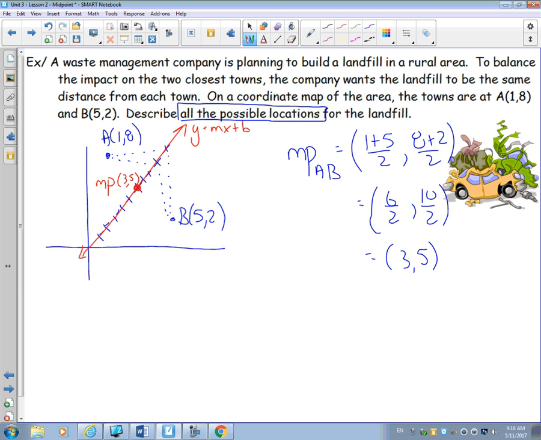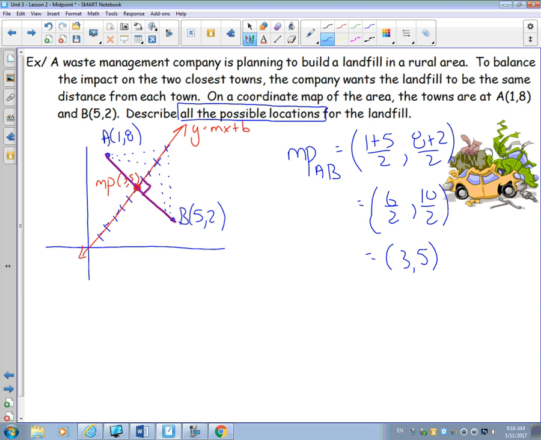Here's my idea for you. If I were to find the slope from A to B, what do I notice about the two lines I just drew? I notice that they are perpendicular to each other. And I know things about perpendicular lines. I know that their slopes are negative reciprocals.